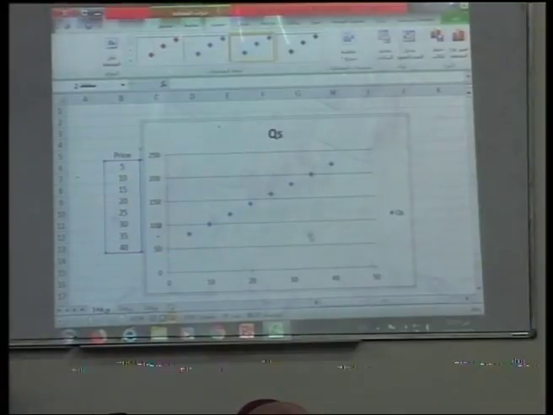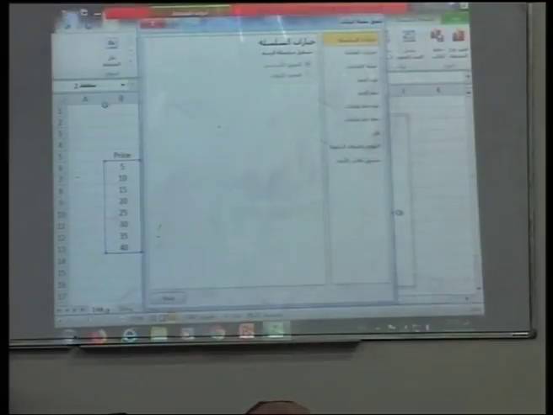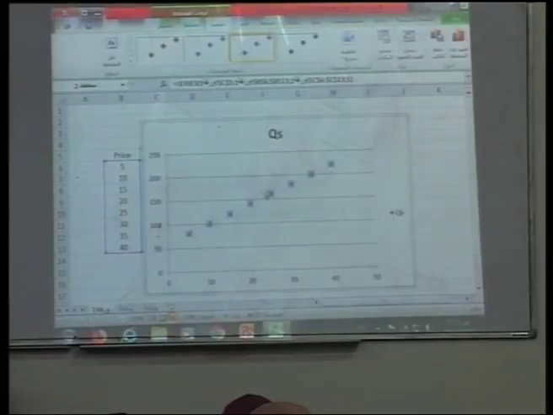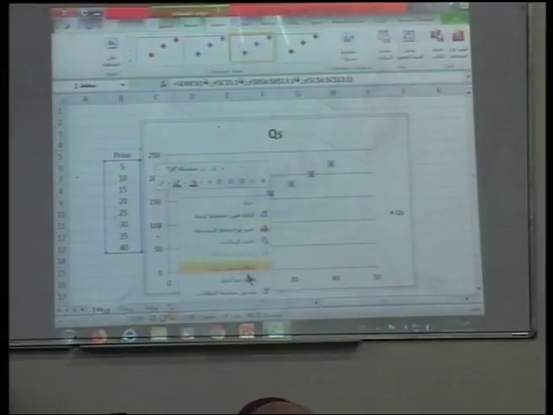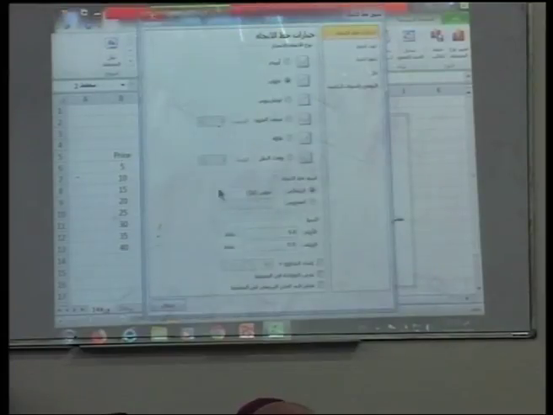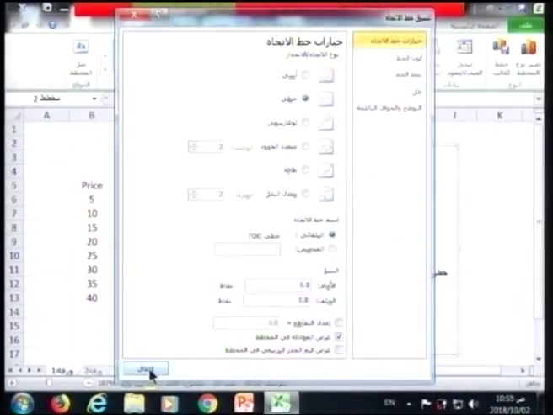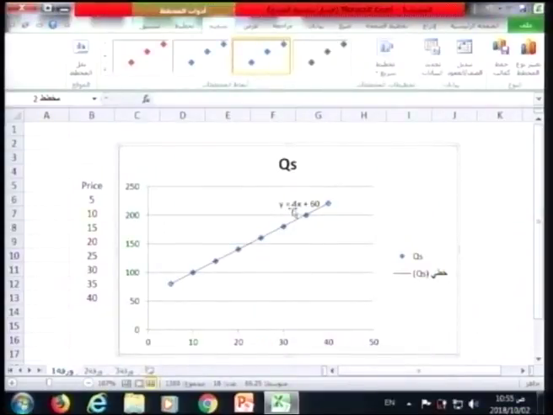Yes. So, to derive the function here, here's the function.